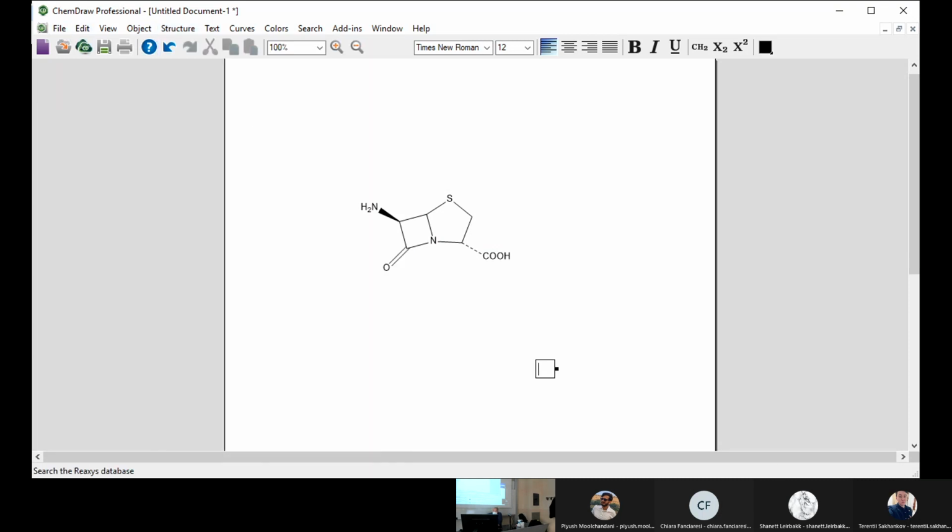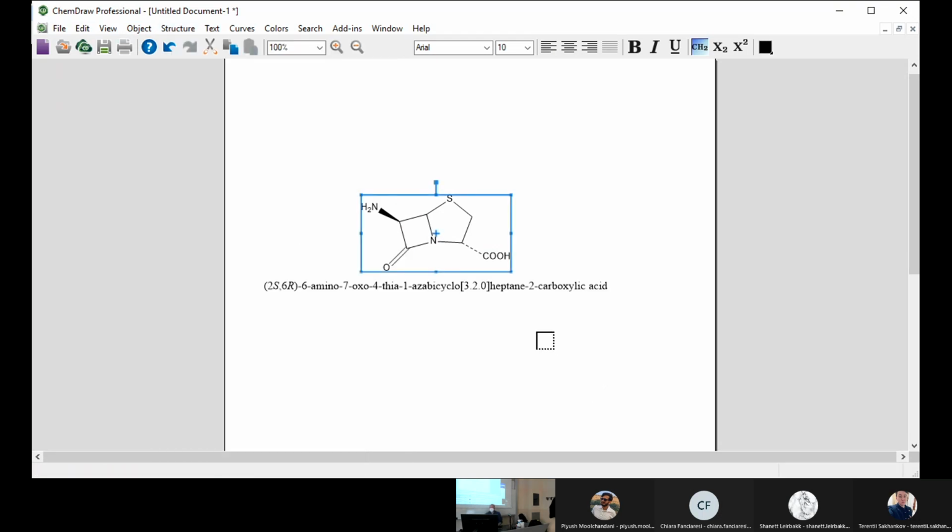Just a moment. Okay. You see the name here, the chemical name. 6-amino, 7-oxo, 4-thia, 1-azabicyclo[3.2.0]heptane-2-carboxylic acid.